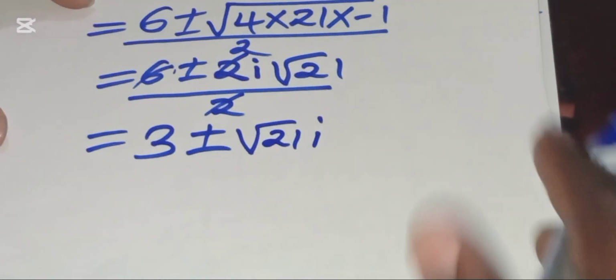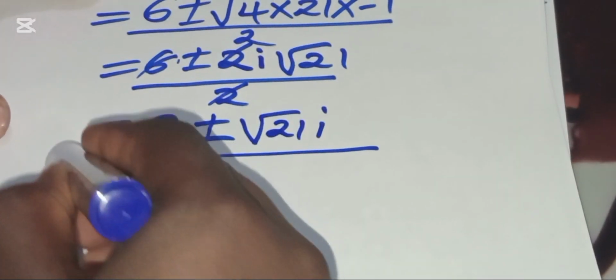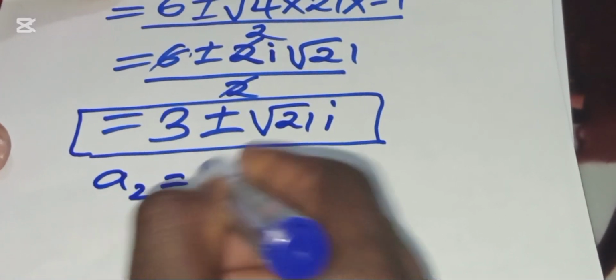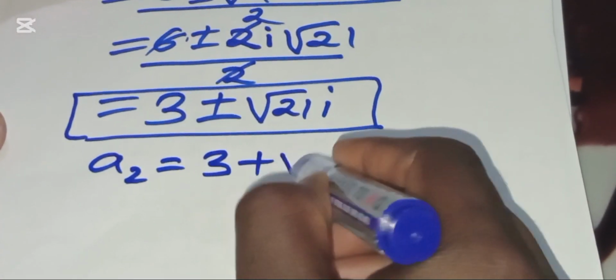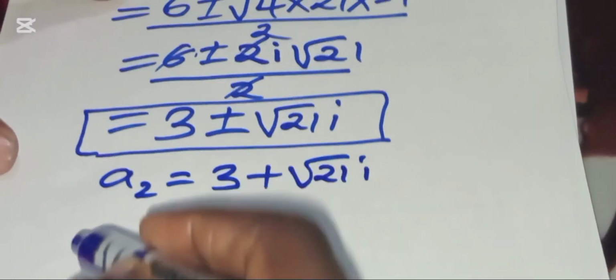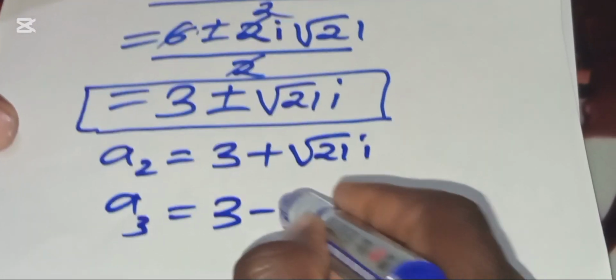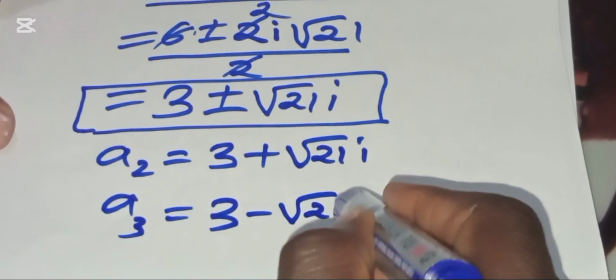All right, so now we have two complex roots here, that is a2 is equal to 3 plus square root of 21i, and a3 is equal to 3 subtract square root of 21i.